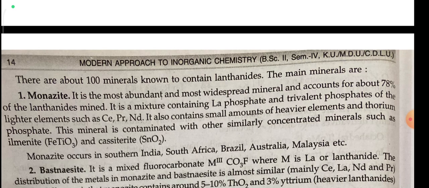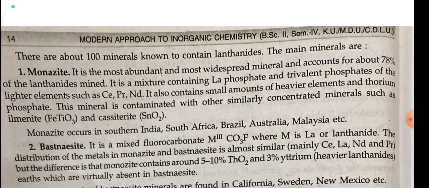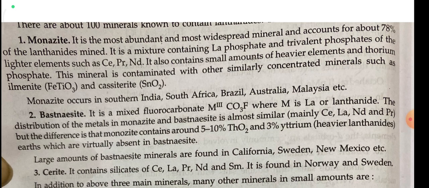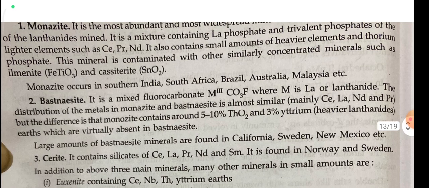These minerals are contaminated with similarly concentrated minerals such as ilmenite, FeTiO3, and cassiterite, SnO2. Monazite occurs in southern India, South Africa, Brazil, Australia, Malaysia, etc.